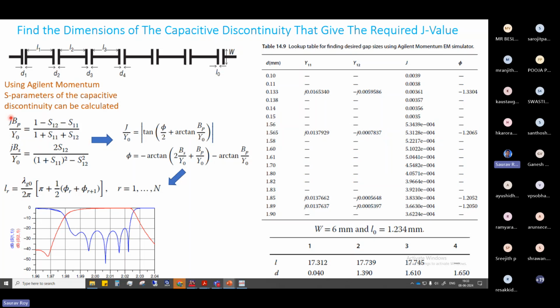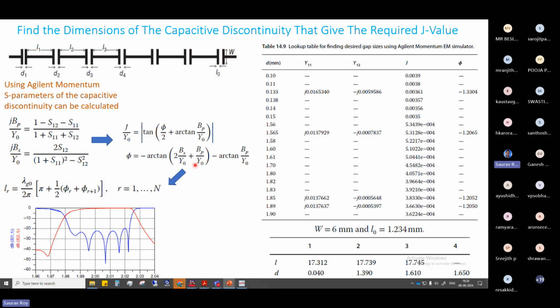Calculate this and put this value here, and then from this you can go and calculate the J values. Once you know the S parameter, you calculate the susceptance values. In the next stage, you could calculate the phi. Phi is the phase between the successive layers, and the admittance inversion values. Then once these are known, you could calculate the length. Length is this length, L1, L2, L3 in stages. That's why.